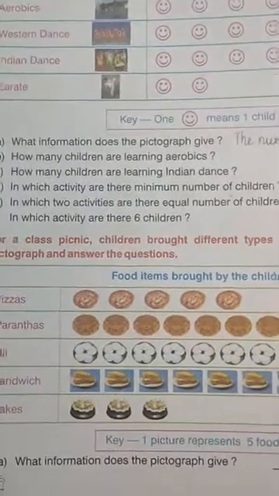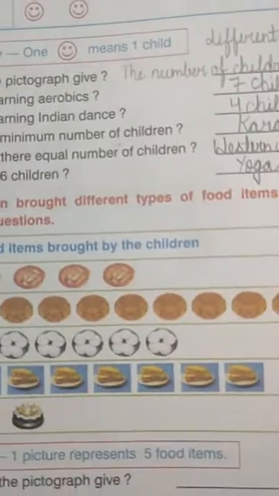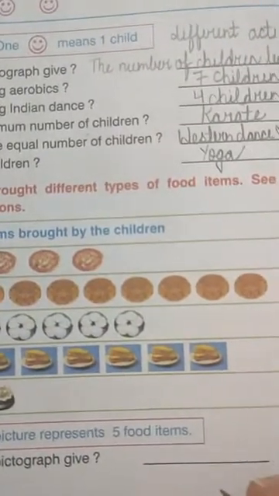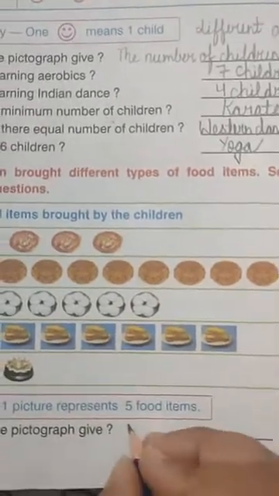What information does this pictograph give? So what will we write?